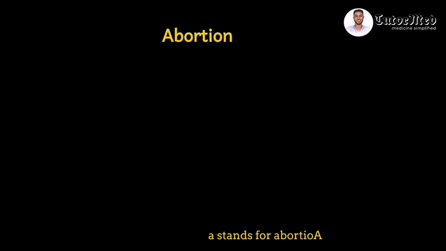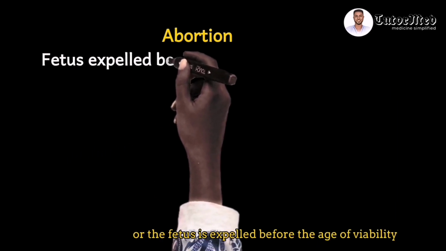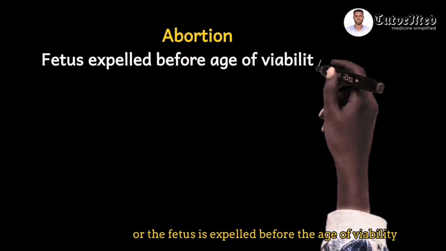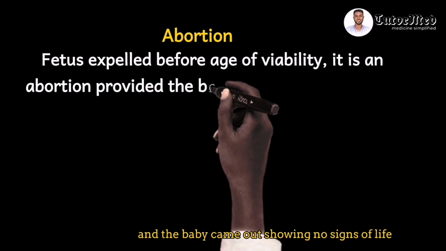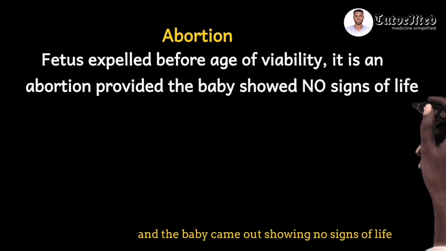We've dealt with G, P, and so we are left with A. A stands for abortion. And so a woman is said to have had an abortion if the baby or the fetus is expelled before the age of viability, and the baby came out showing no signs of life.